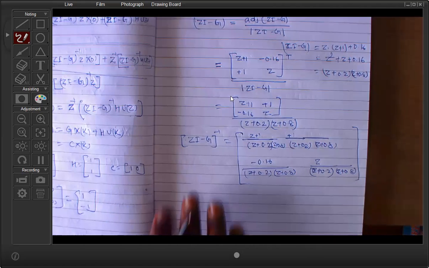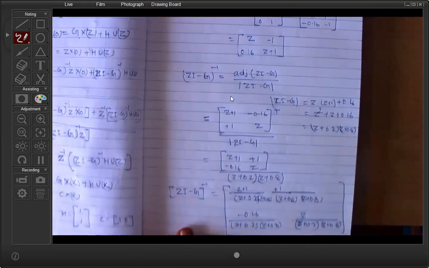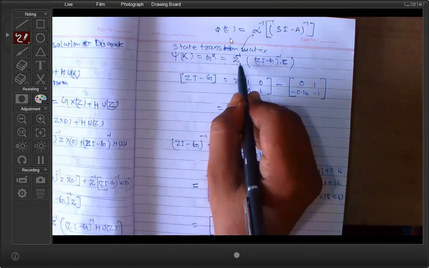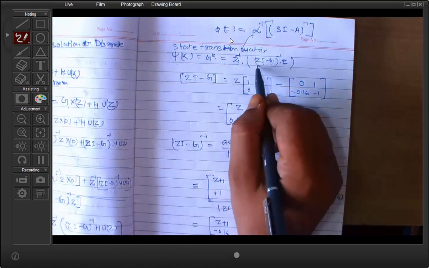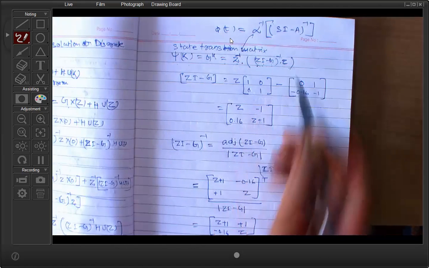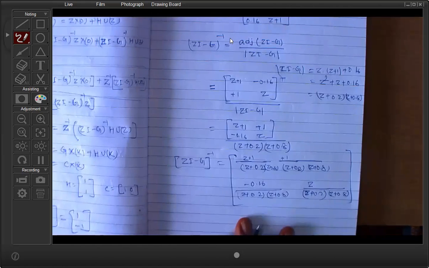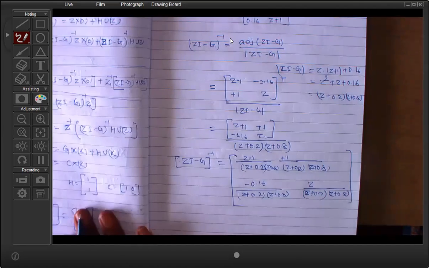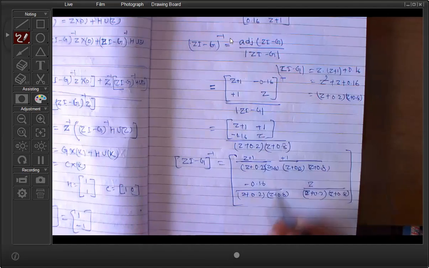Now what do you mean by state transition matrix? The formula of the state transition matrix is the inverse Z transform of (ZI minus G) to the power minus 1 into Z. So we have to multiply the term Z with this.